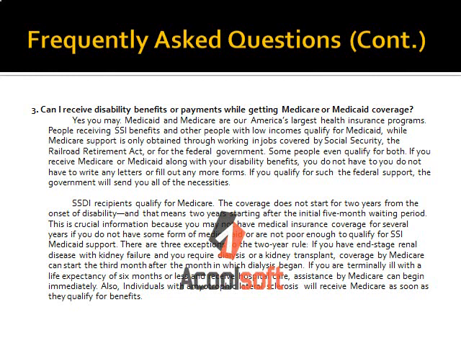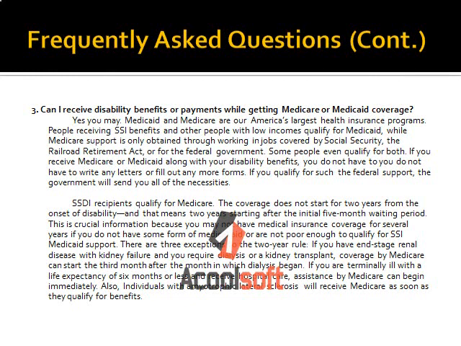There are 3 exceptions to the 2-year rule. If you have end-stage renal disease with kidney failure and you require dialysis or a kidney transplant, coverage by Medicare can start the 3rd month after the month in which dialysis began.